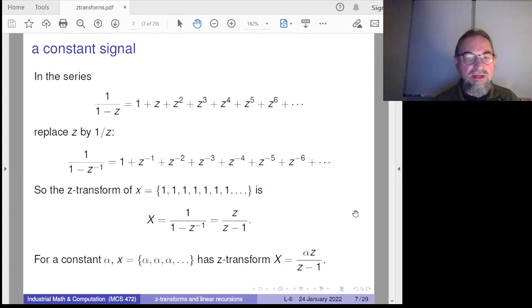So the z-transform of the constant signal takes the form z over z minus 1. And as a direct consequence, for any constant alpha, the z-transform of a constant signal is alpha times z over z minus 1.